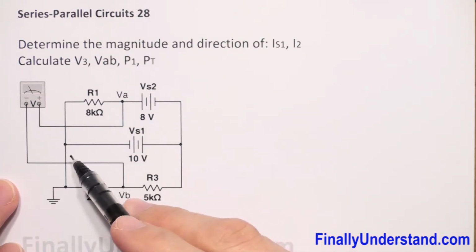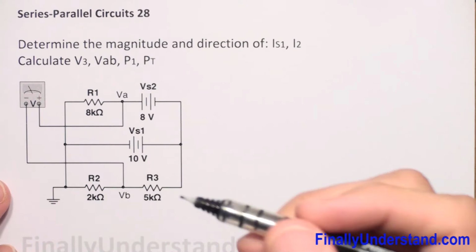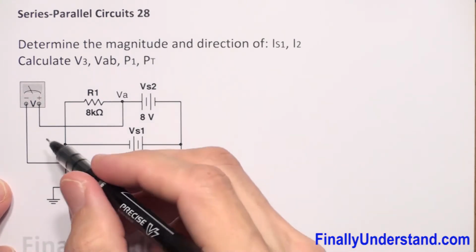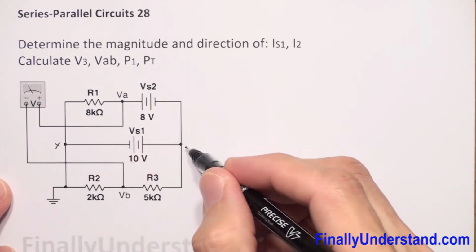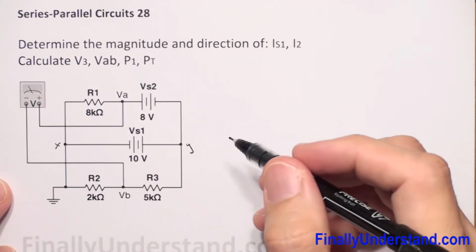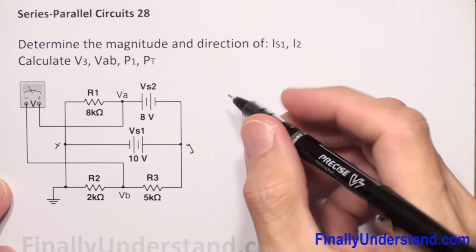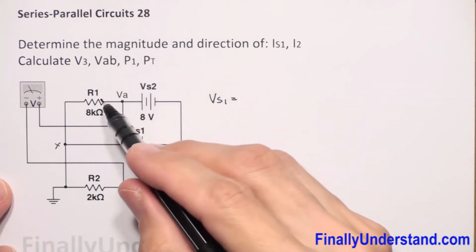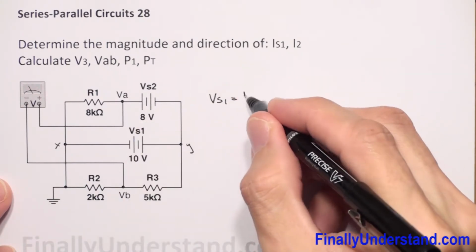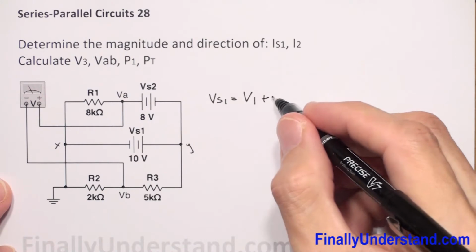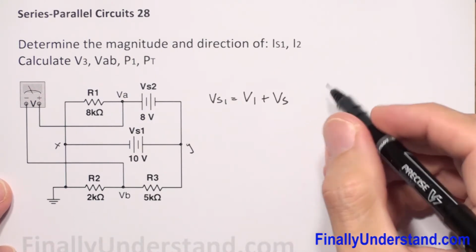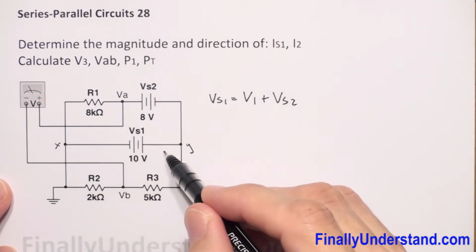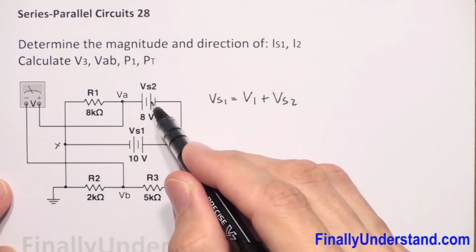From where I'm going to start solving my problem, you're supposed to just notice that voltage source 1 is connected between, let's say this is my point X and this is my point Y. And I can simply say that voltage source 1 is equal to voltage across resistor R1, V1, plus voltage source 2, right? This voltage is equal to this voltage plus this voltage.